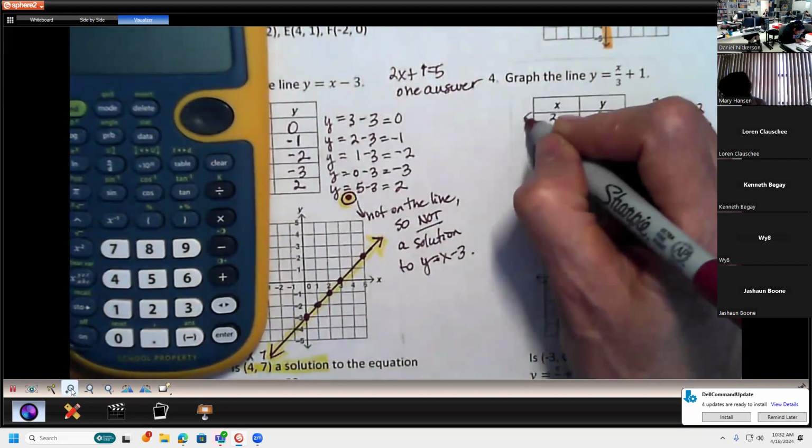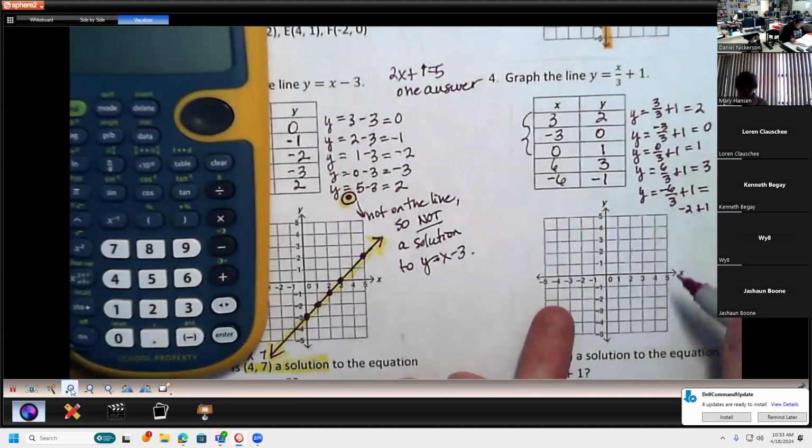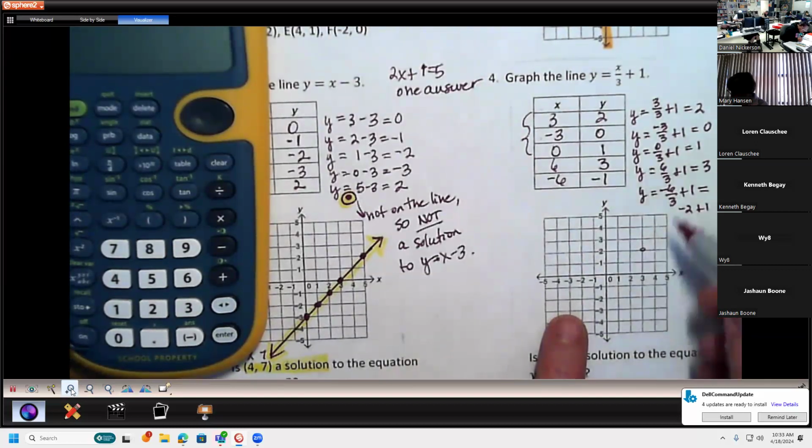At minimum, I would choose 3, because if you get 3 points that are not in a row, you know you've made a mistake. If you only do 2 points, you can think that you just connect those 2 points with a ruler, but if one of the points is incorrect, you won't know it. So to graph this, I do over 3 up 2.